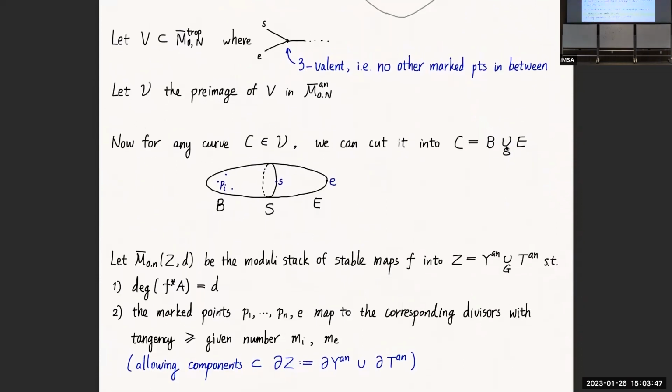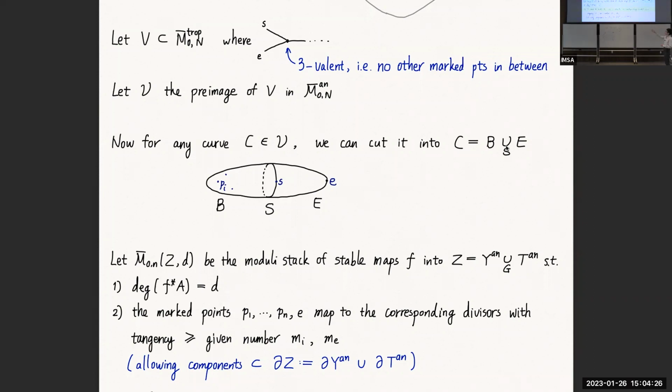Okay, so now let's introduce the moduli spaces. We consider M-bar_{0,VB} to be the moduli space of stable maps f into this Bouloud target space, such that the degree is equal to D, and we ask that the marked points P_i and E map to the corresponding divisors with tangency at least some given number.